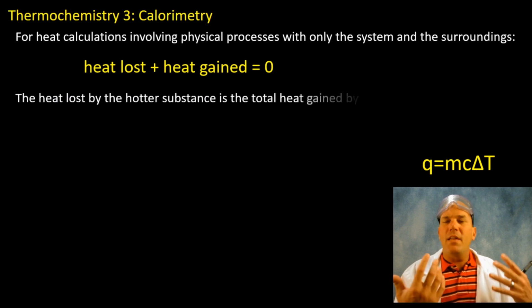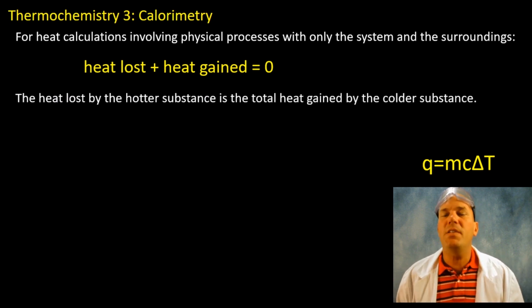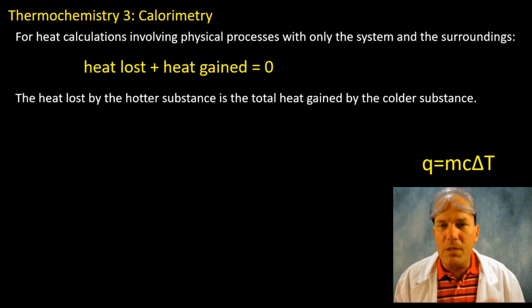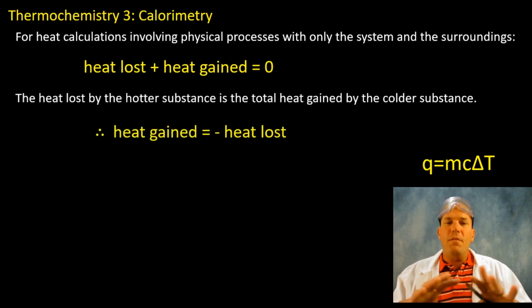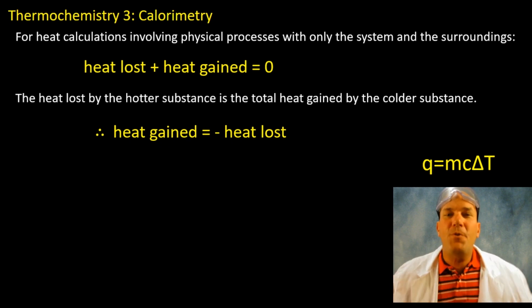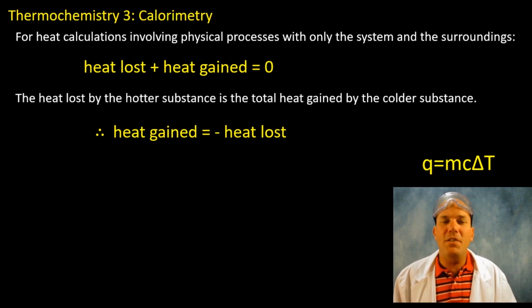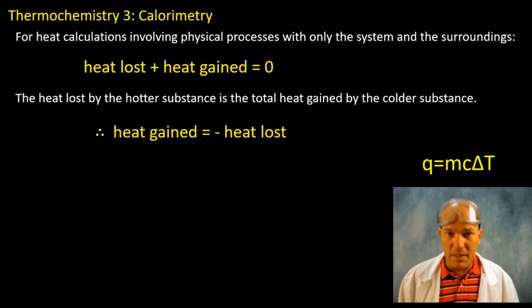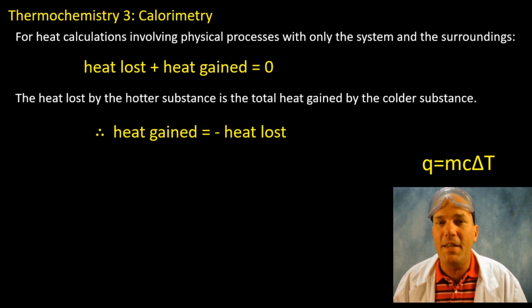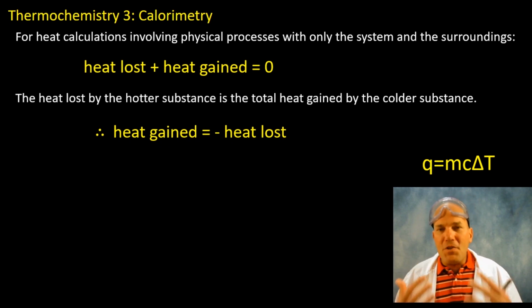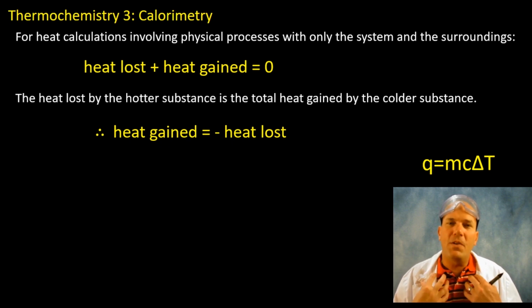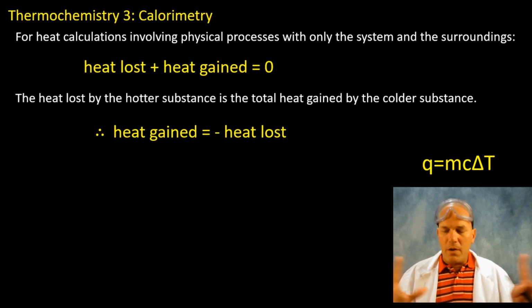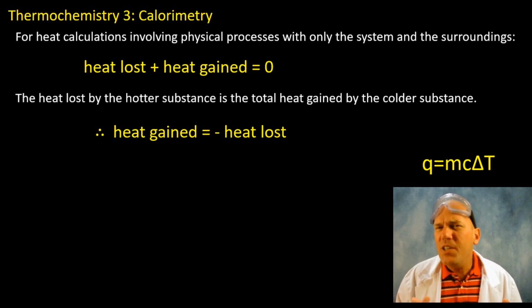So if heat lost from a hotter substance is gained by a colder substance, this is another way of saying it. Therefore, if we subtract heat loss from both sides of the equation, we can say the heat gained is equal to the negative of the heat lost. Now, as you know by this point in the course, it is important for me to explain to you guys where equations come from and how they're used and why they're used.